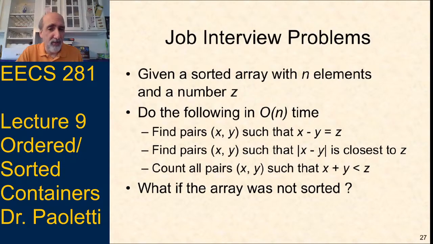Or count the ones where x plus y is less than z. And what if it's not sorted? Could you still do these in O(n) time? Would you have to sort it first, which would make it n log n time? And the answer to this will also change after the midterm, when we do hash tables.